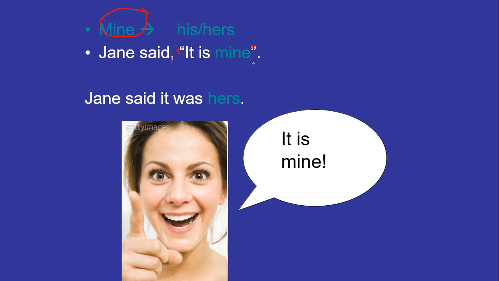For the indirect speech, let's change it. Jane says that it was hers. You can say it was his. This is present tense, so you have to change it to the past tense. Any questions? No. That's good, guys. Let's go next.